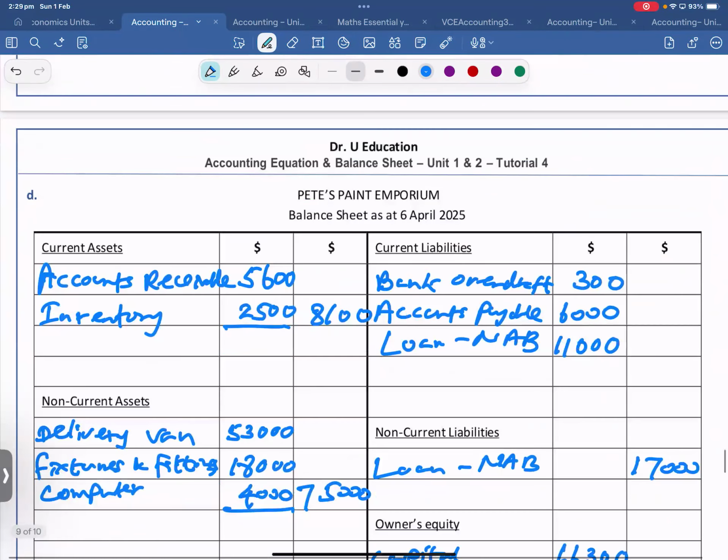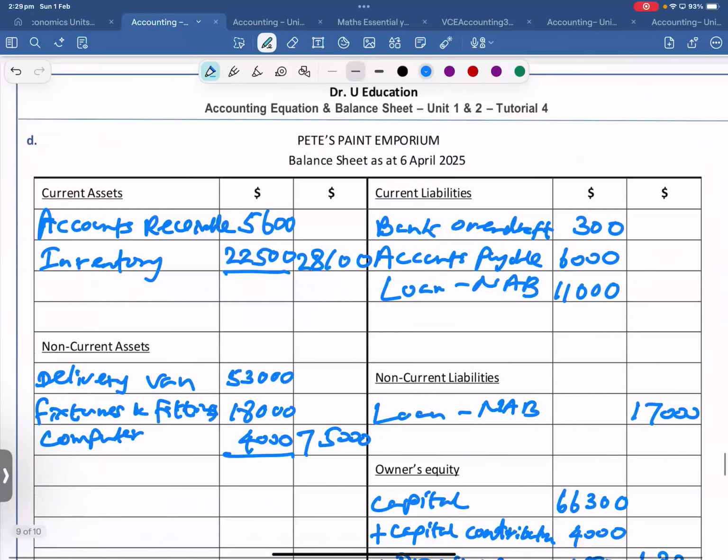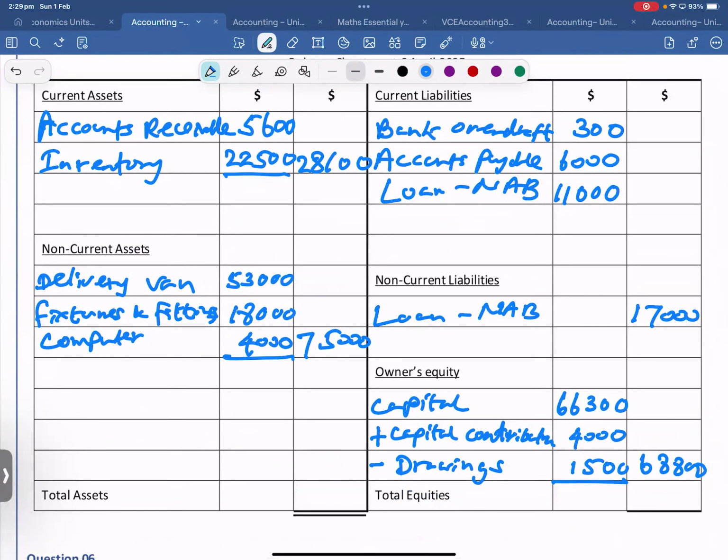So this one will be 28,100, and the addition of these two is 103,100.